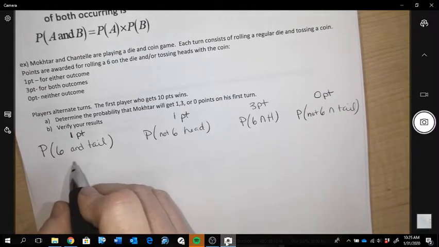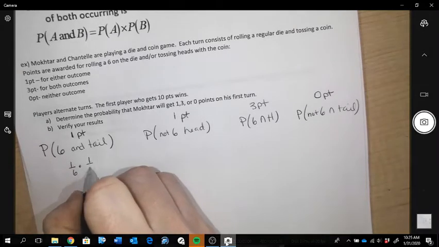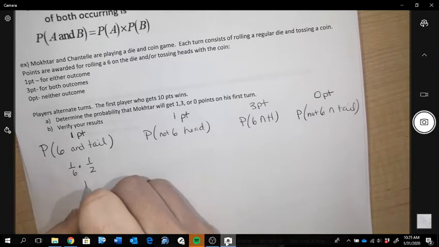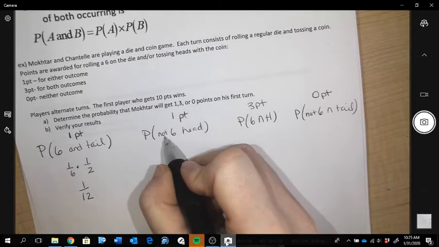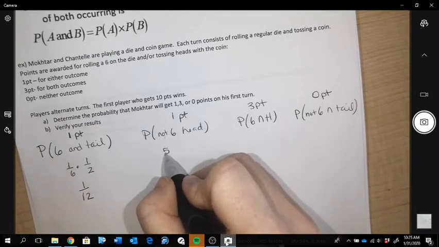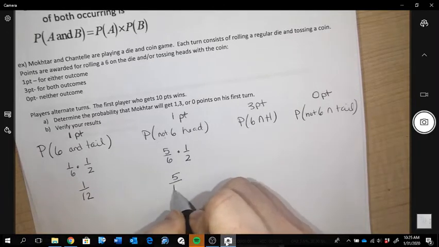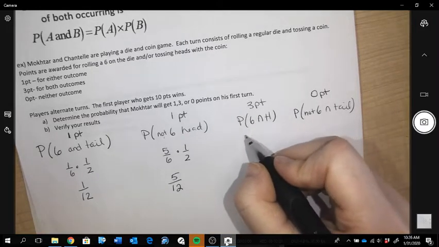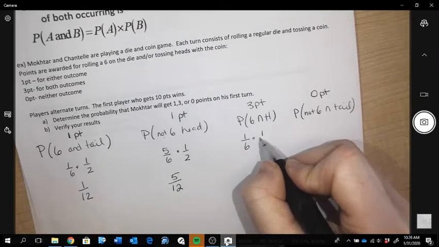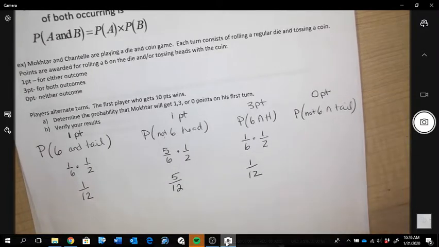Okay, so the probability of 6 is 1 out of 6, and tails is 1/2, so that probability is 1/12. The probability of not getting a 6 is 5/6, and a head 1/2, so that's 5/12. The probability of a 6, 1 out of 6, and heads, 1/2, so the probability of both is 1/12.